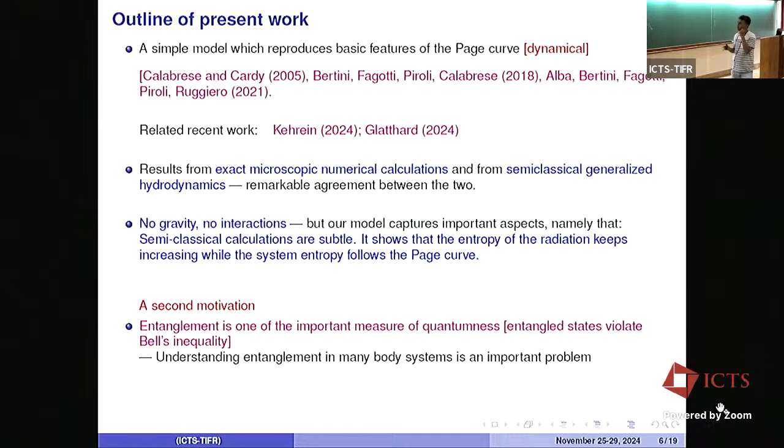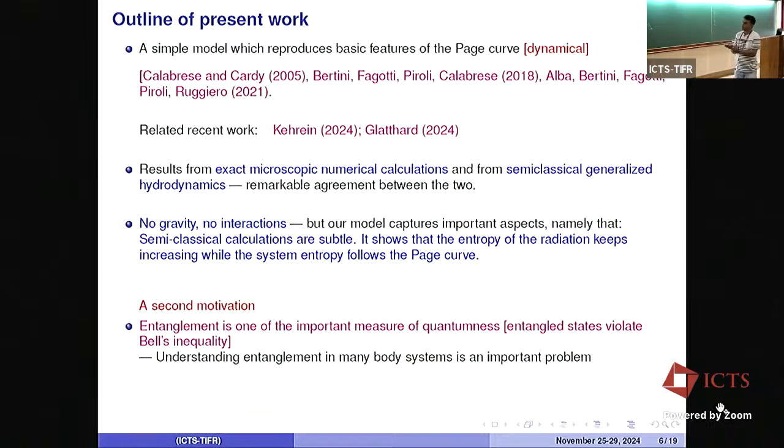One of the things we find is that while the radiation entropy could keep increasing, that doesn't mean that the system entropy will also keep increasing. The system's entropy can still follow the Page curve while the radiation entropy keeps increasing. So there's no contradiction with that.